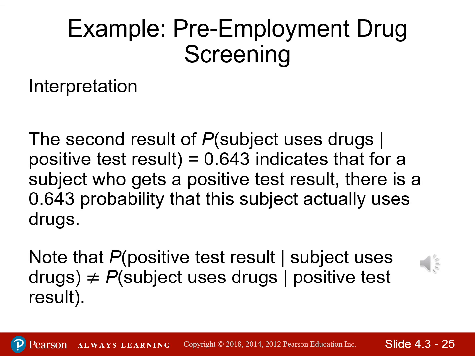With the second result, or part B of our example, the probability that the subject uses drugs given the positive test result is equal to 0.643, and this indicates that for a subject who gets a positive test result, there is a 0.643 probability that this subject actually uses drugs.